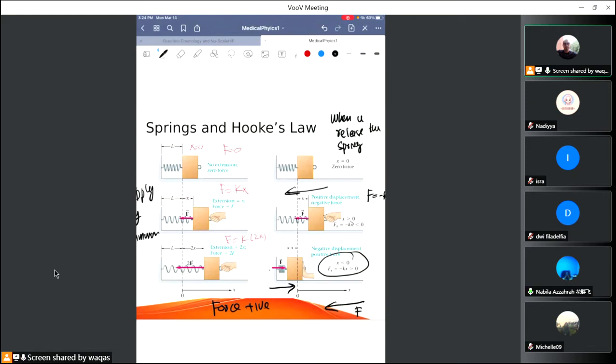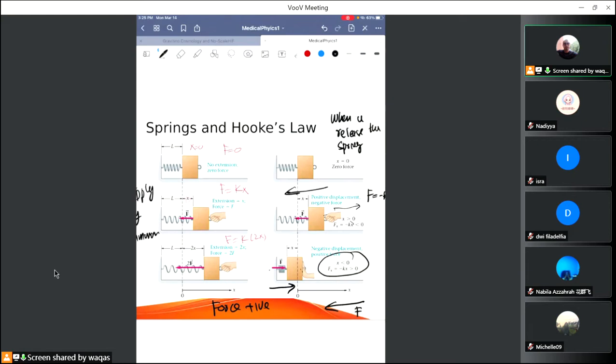Opposite direction. Anyone else who can tell me? Opposite direction. Yeah, because here you apply force in this direction, but the spring applies a force in the opposite direction, so that is why it is negative.